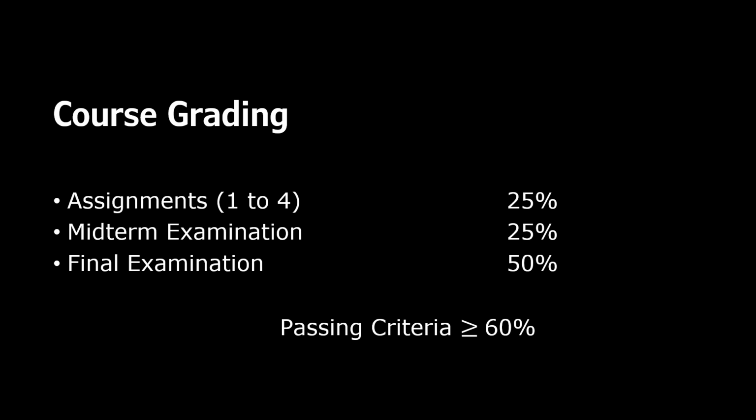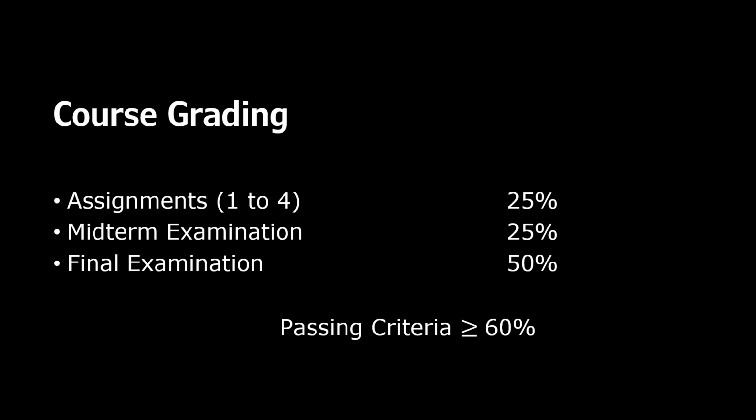After that we will conduct a midterm examination, in the middle of the semester, normally in the 15th or 16th week of the session. The midterm carries 25% of the marks. So assignments and midterm together make up 50%. At the end of the semester we have the final examination, which is 50% of the marks.